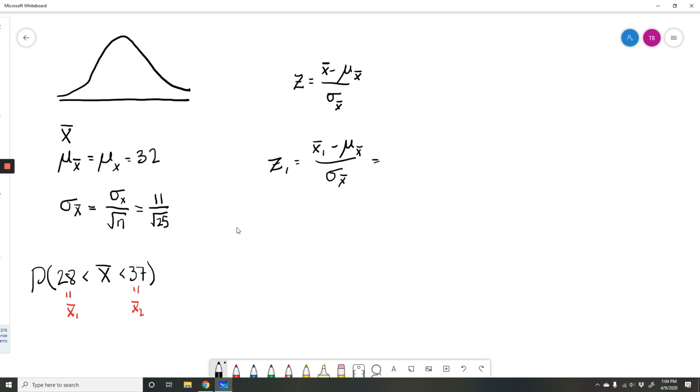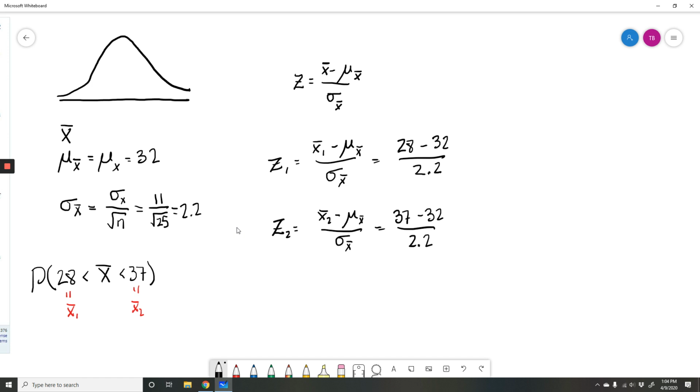So that's going to be 28 minus 32 divided by, and remember here for our sigma x bar, our standard deviation of sample means, we got 2.2. So instead of dividing by 11, we're dividing by 2.2. Okay, and that's using the central limit theorem. And z2 is going to be x2 bar minus mu x bar over sigma x bar. And that's going to be 37 minus 32 over 2.2.